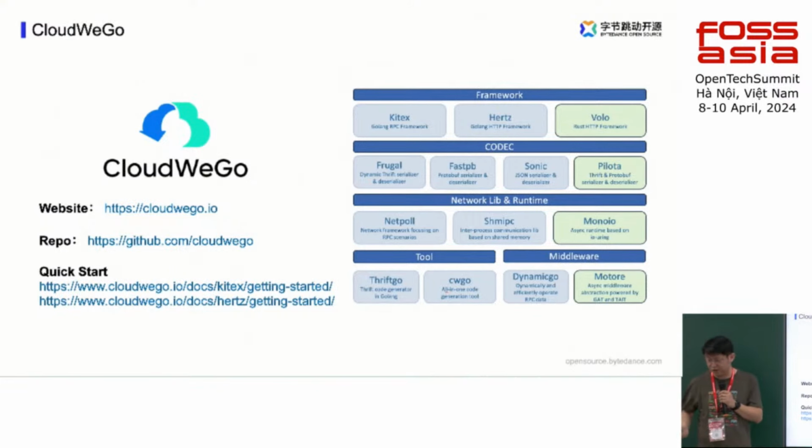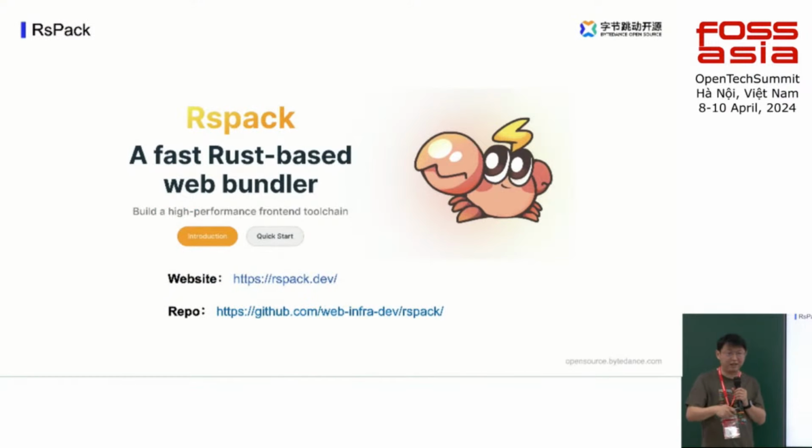And if you're interested, and if you are front-end guys, you can take a look at our Rspack. It's made with Rust, very fast, and provides Webpack functionality. You can use it and give us some feedback. We are very happy if you can join us.